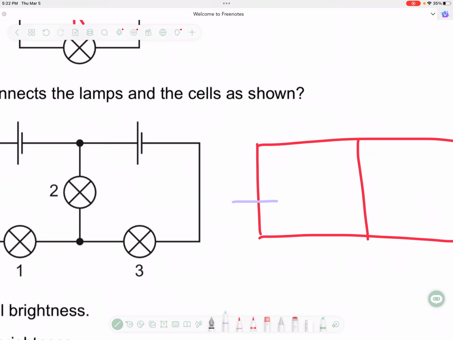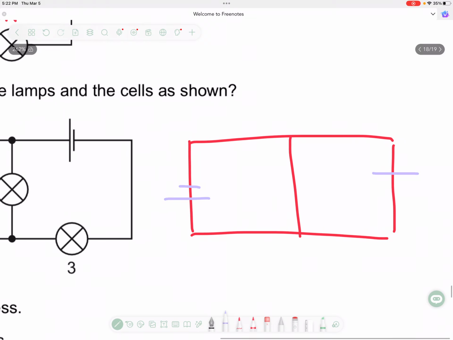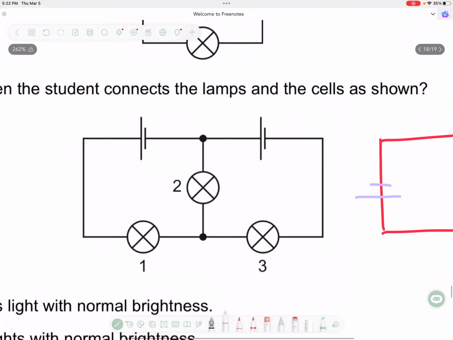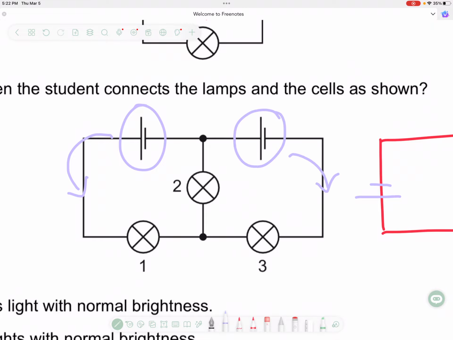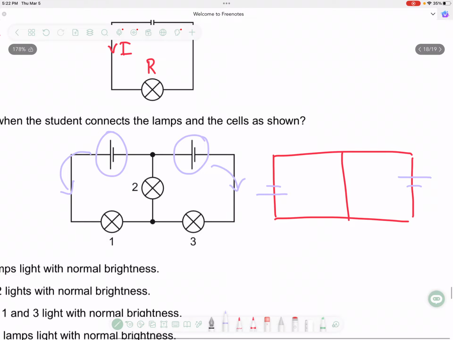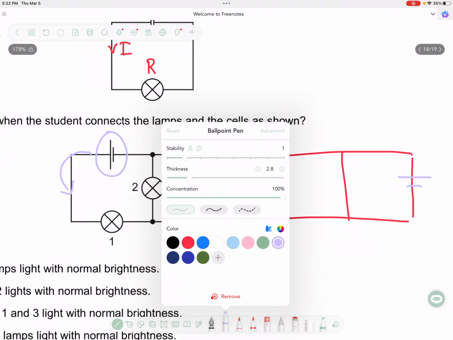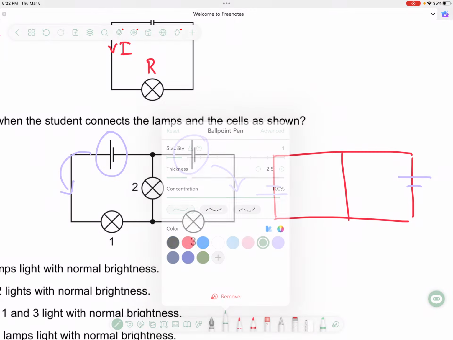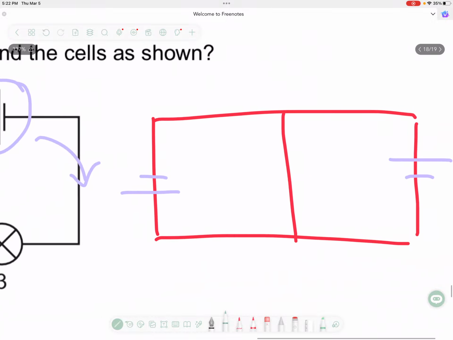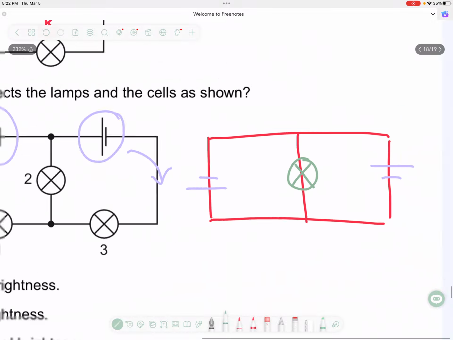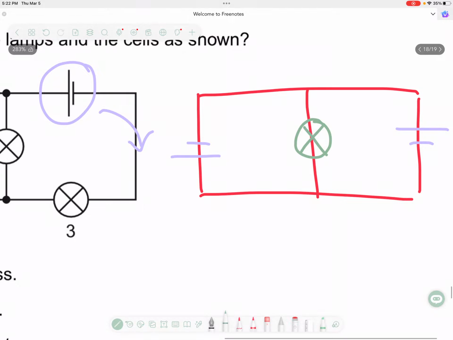We've got our EMF here and EMF here. I took this and shifted it to this side, and I took this and shifted it here. Then I'm going to take the lamps. I'm going to keep this one here itself, and this one here and this one here.